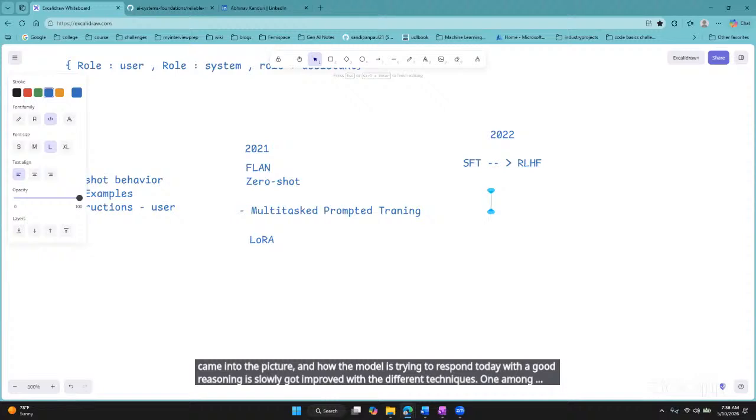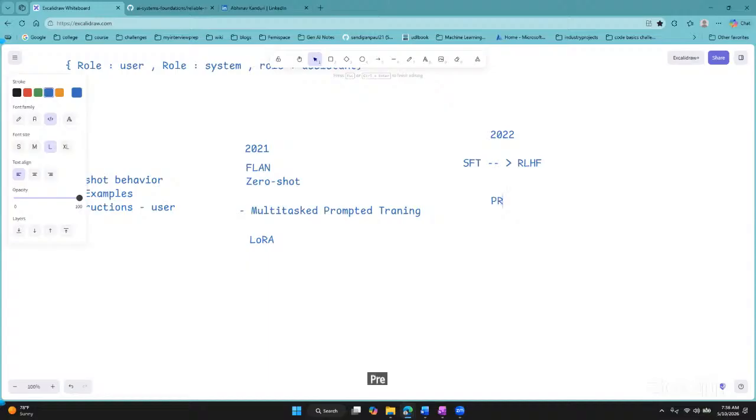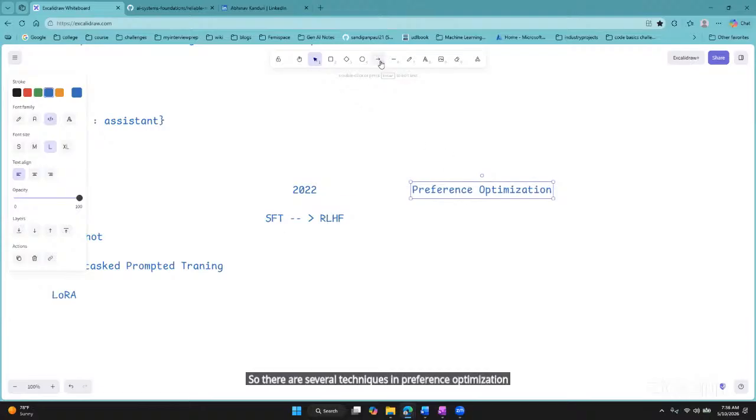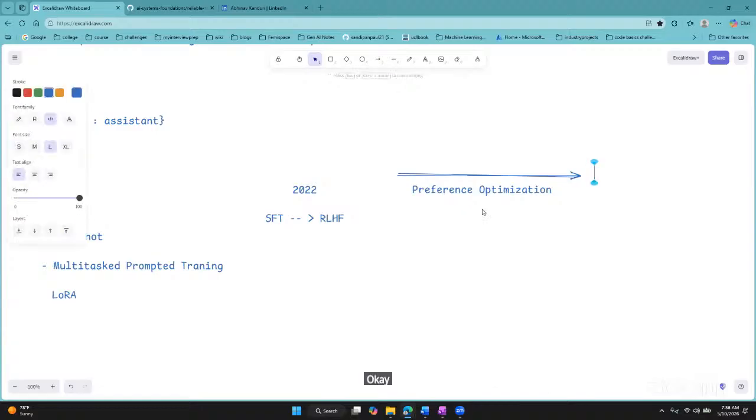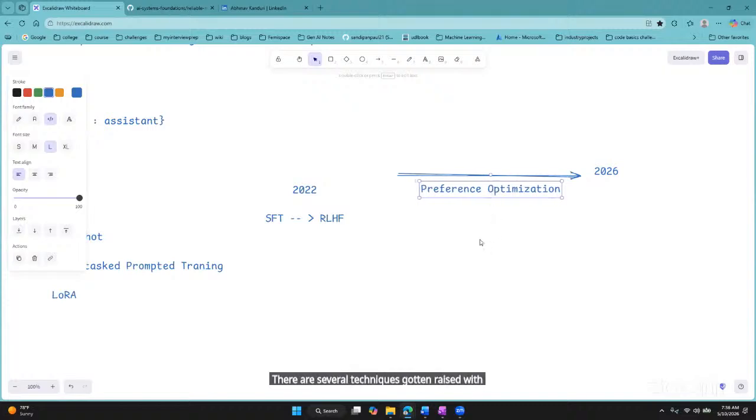One among them is preference optimization. You must have heard about this word, preference optimization. There are several techniques in preference optimization. From 2022 till today, several techniques have been raised with respect to preference optimization.